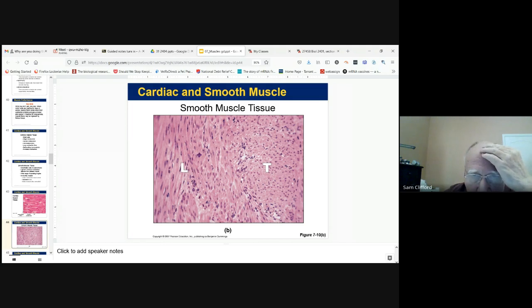The smooth muscle is developed in your embryo as large numbers of smooth muscle growing together to move food in your gut, move waste out of your gut, control blood vessels, control your bladder, and they're arranged in different directions, like you're looking here at a cross section through these fibers.